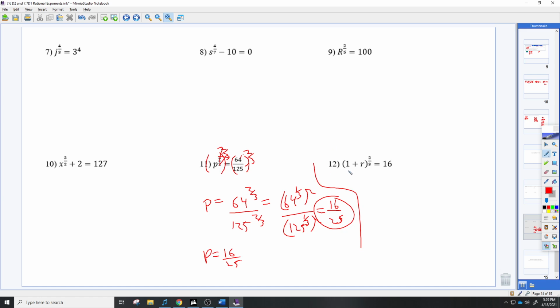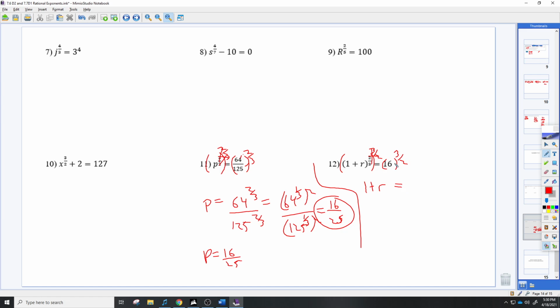Okay, the last one I want to do is one that looks kind of janky here. So this is an expression that's in parentheses, so we have to get rid of the 2/3 first before moving the 1. Unlike number 8, you would move the 10 over first by adding it. So I'm going to put another big set of parentheses here, and this is going to be 3/2 to both sides to cancel these 2's and 3's out. So you get 1 plus r, no parentheses anymore.